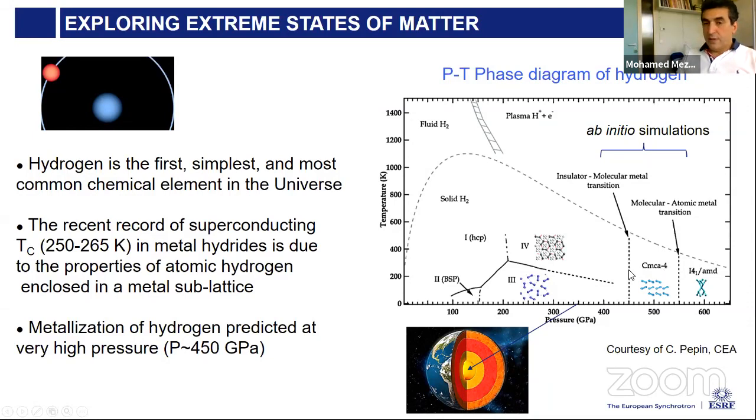Of course, this is easy to represent and probably easier to do with ab initio simulations, but for experiments, it still represents a huge challenge. To give you an idea, 350 GPa is represented here. For people that are not familiar with this field, it is exactly the pressure at the center of the Earth. So basically, the challenge is to produce enormous pressure, and to achieve this, you have to work with an extremely small sample.